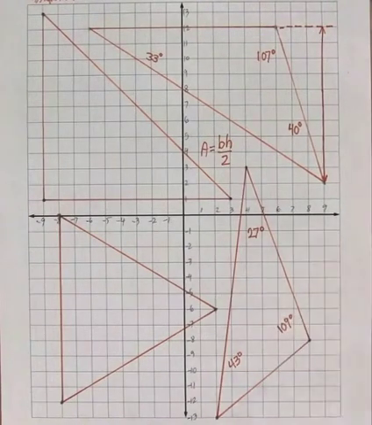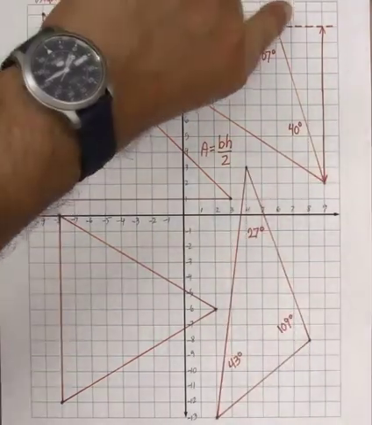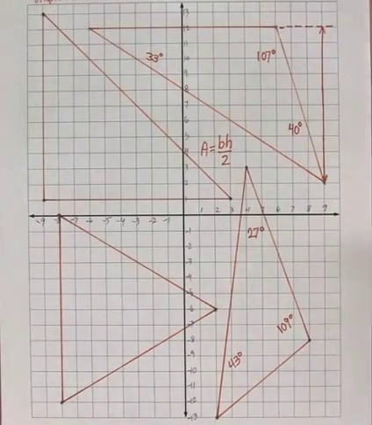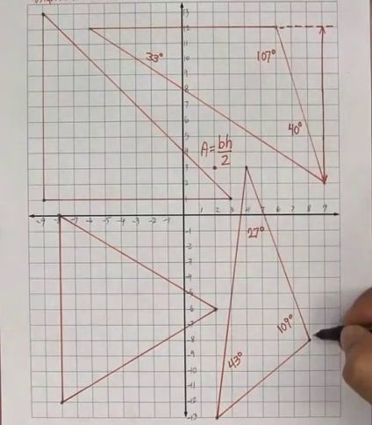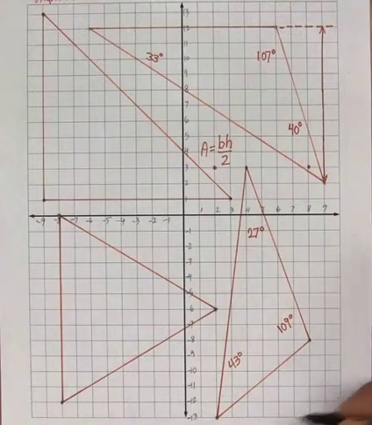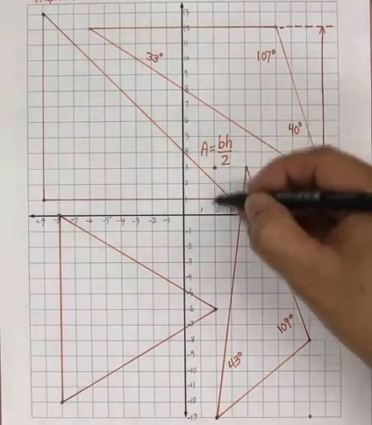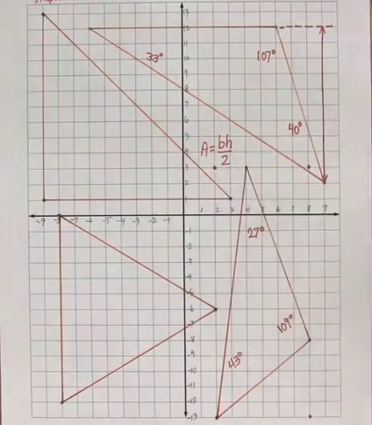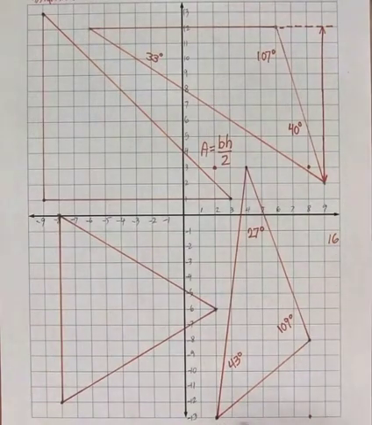Now on this triangle here, we can see that we don't have any base that we can just say it's this much or this much. So what I'm going to do is find the area of this rectangle right here, which would be 16 times 6.